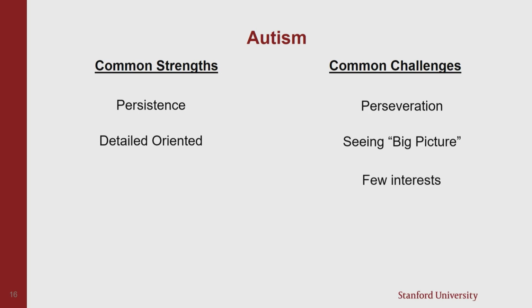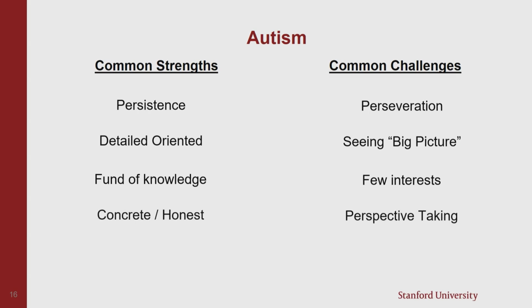So fixed interests of individuals on the spectrum translate into a very deep fund of knowledge. And the perspective-taking problem, sometimes the flip side of it is that these people, when they are your friend, are really concrete and honest, and they are very loyal people.